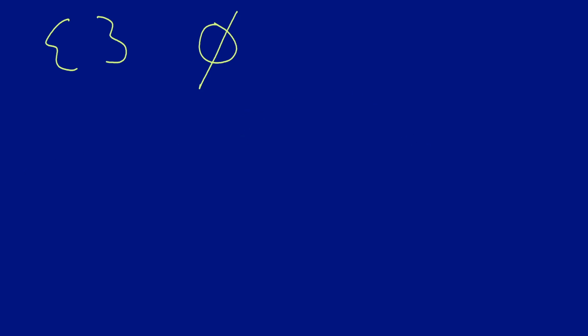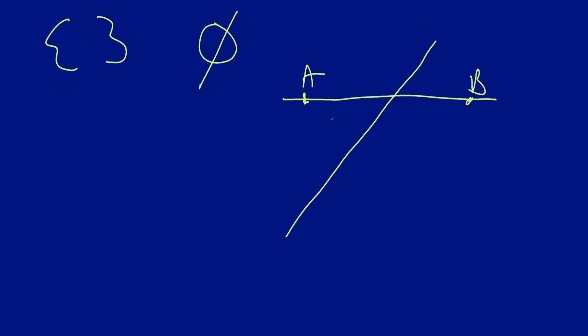So if I had to give you an example of this, if I had to just draw you what this could look like, I have a line like this, and I have a line going down like this. I have my points A and my points B, like so. And then I have my point D and my point C. And so I could say here that the union of ray CD, so that means it's going down like this, off this way.